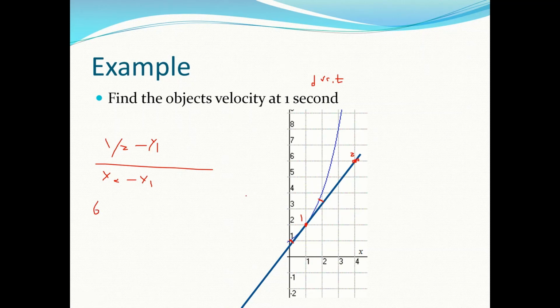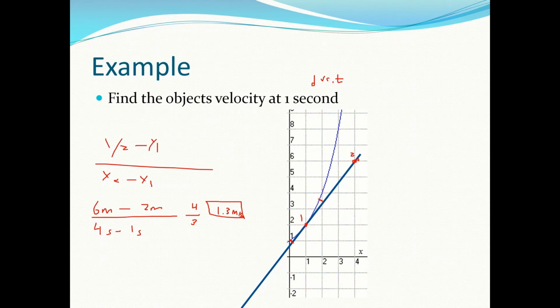So 6, and this is meters, because it's a distance time graph, minus 2 meters, and then this is 4 seconds minus 1 second. So we end up getting 4 over 3, so 1.333 repeated. We'll just go to 2 sig digs, meters per second. So at that exact point of 1 second, right where a tangent line hits, we're going 1.3 meters per second.